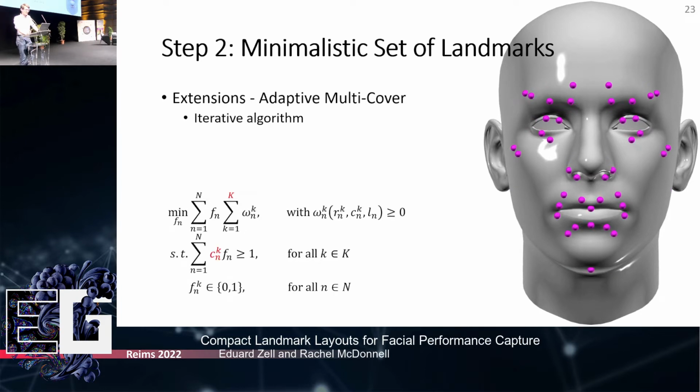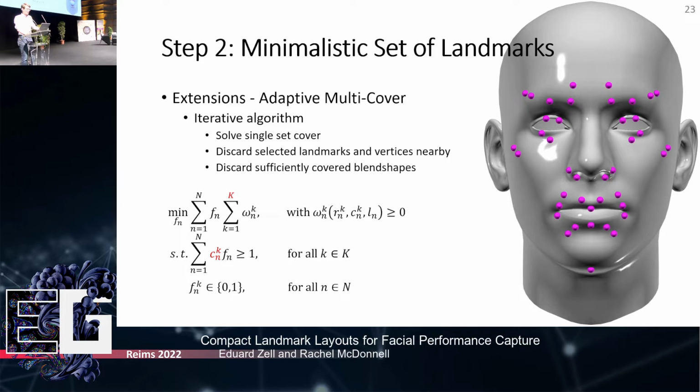Instead, we suggest an adaptive multi-cover algorithm, which is iterative. In the first step, we solve the single set cover problem as discussed previously. Then, we discard selected landmarks and nearby vertices. Furthermore, we discard sufficiently covered blend shapes.